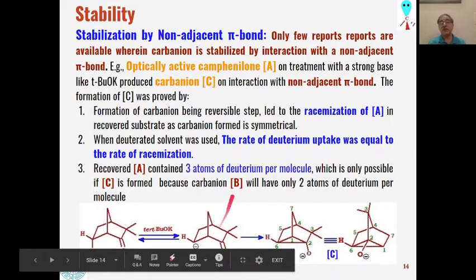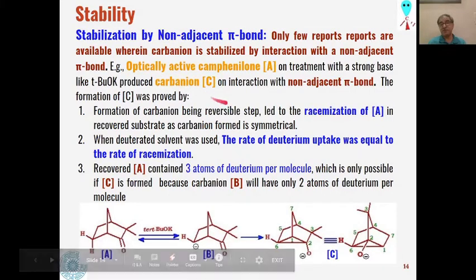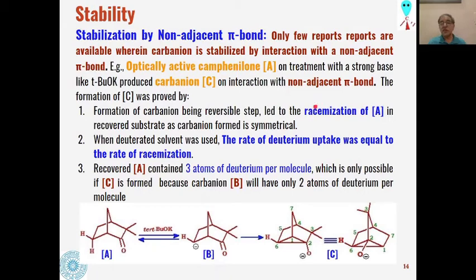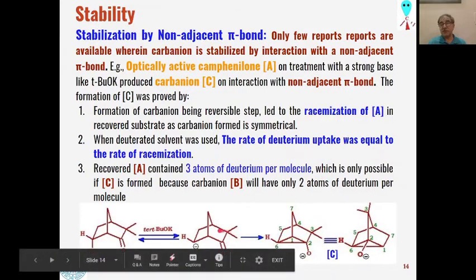This carbanion can undergo interaction with the non-adjacent pi bond present in the carbon-oxygen system, and this B can be converted into this type of carbanion C, where interaction with non-adjacent carbons has taken place.